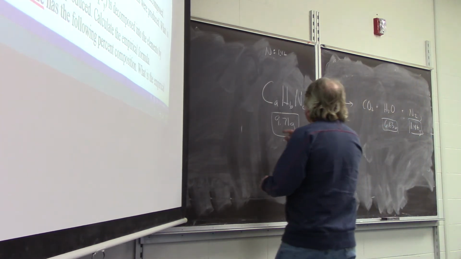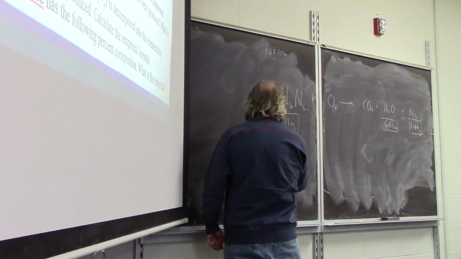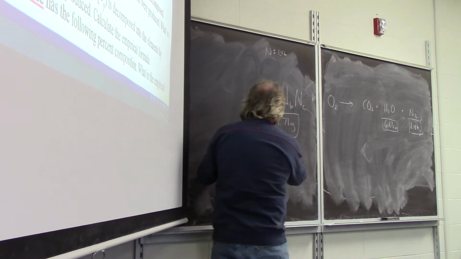So how much is carbon and hydrogen? What's the difference between 9.7 and that number? 8 1/4.